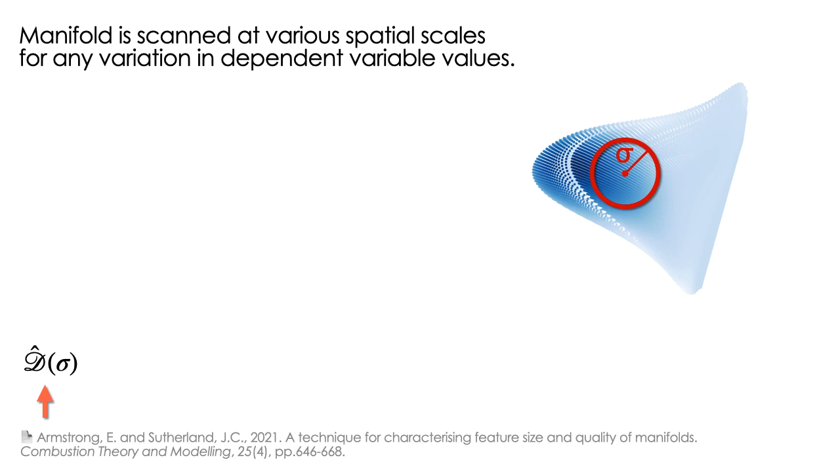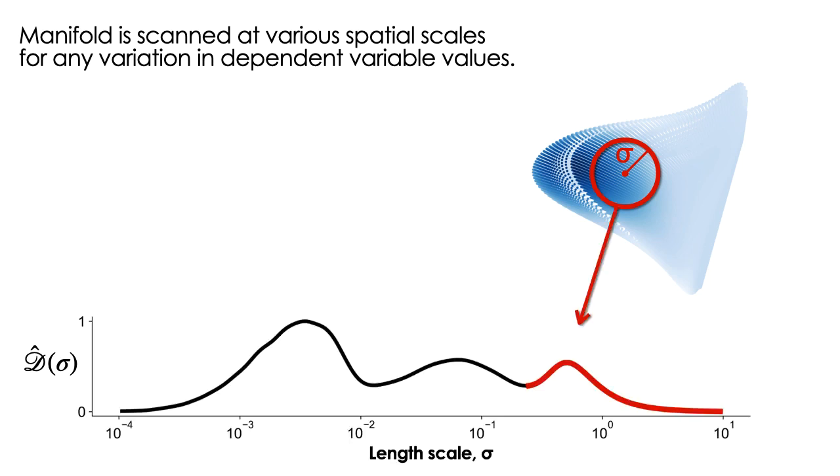So if my dependent variable in this case is that blue color that colors the manifold, then I can scan that manifold at those biggest length scales denoted by sigma. And if I see some variation in the dependent variable at those length scales, then it will manifest itself as that rightmost peak in this d hat metric profile.